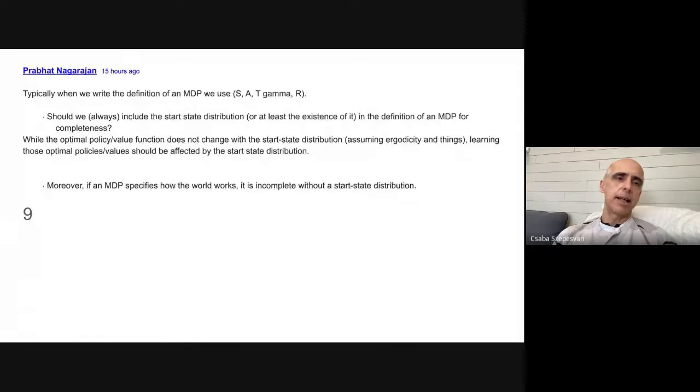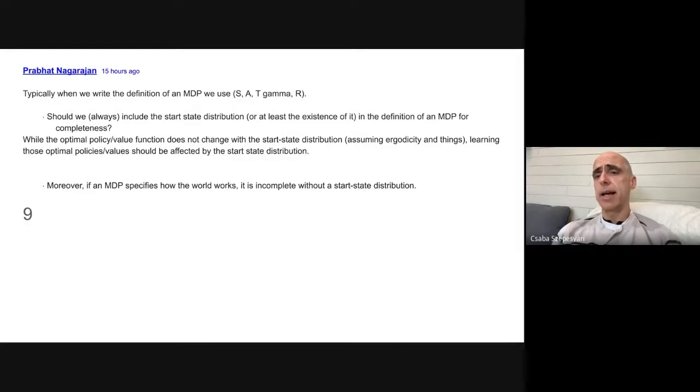I think you should really not think about a fixed start state distribution and finite horizon settings, because they are interested in problems like robotics, where you can't really reset or control the initial state, or any other application where that is the case.